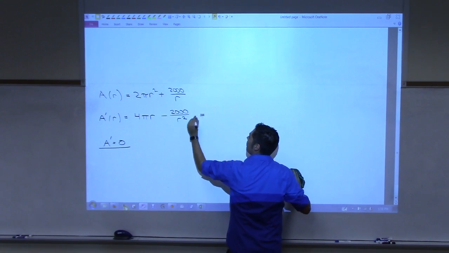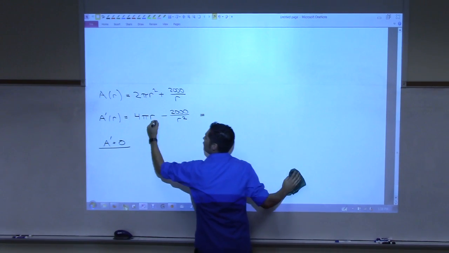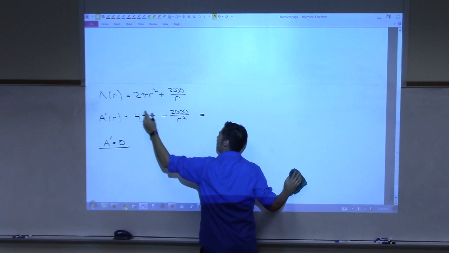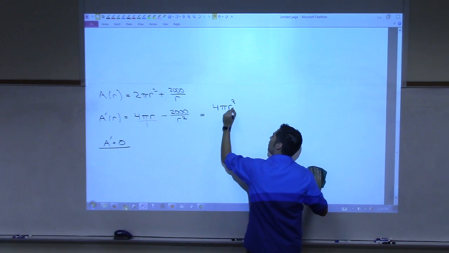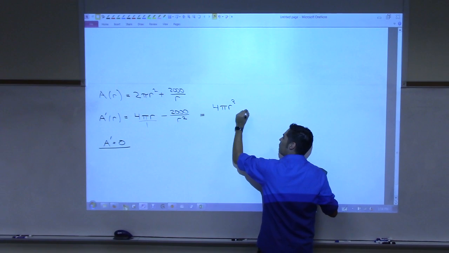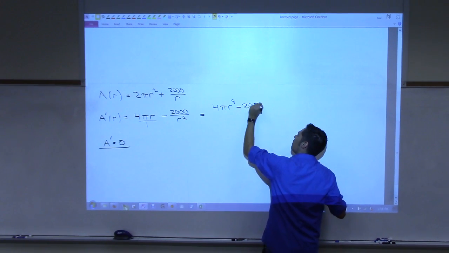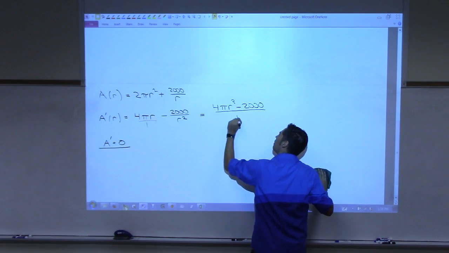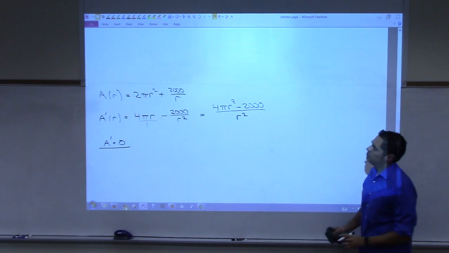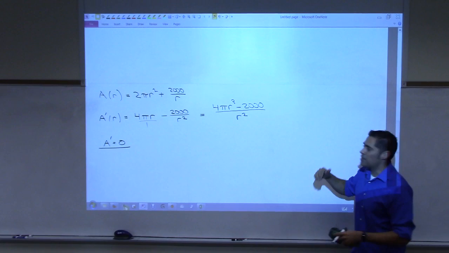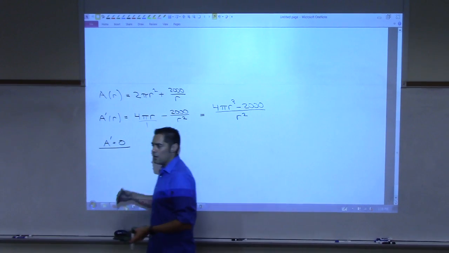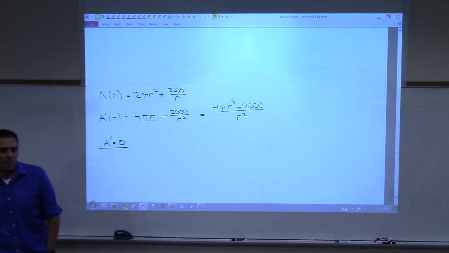Can you get me a common denominator on this? So you go r squared top and bottom. 4 pi r cubed over r squared minus 2,000 over r squared. So when we put them together, we'd have that. So you just said the top. Yep. And the reason I said to do this is because now to figure out where the derivative is 0, all you do is set the numerator equal to 0.